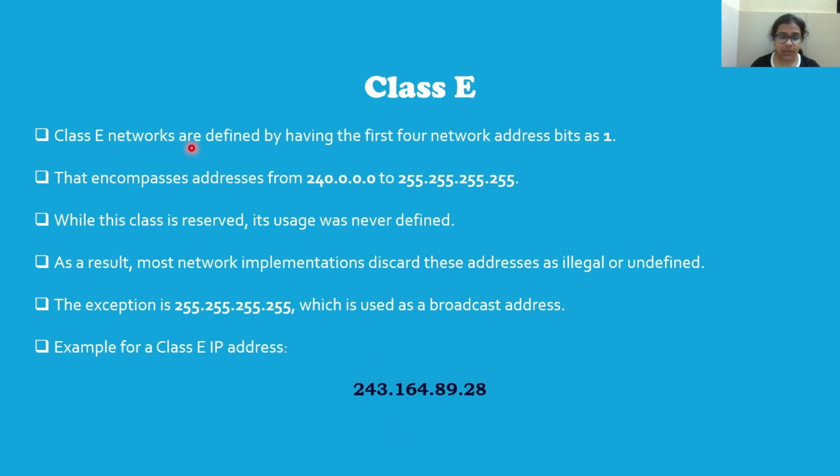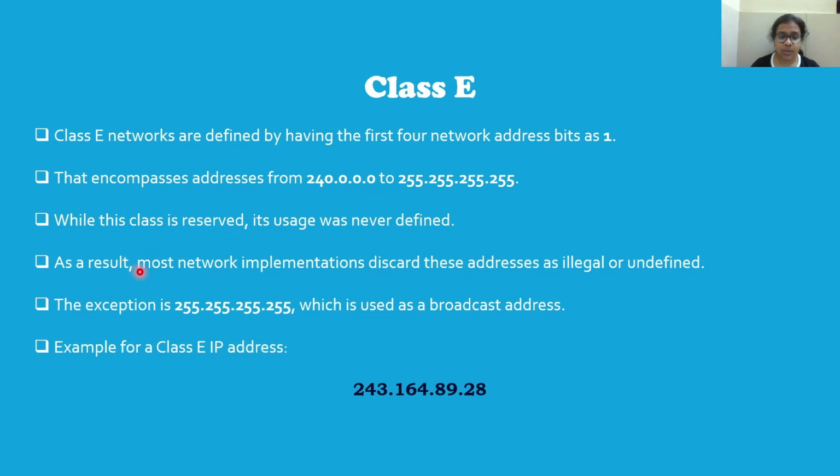Class E networks are defined by having the first four network address bits as 1. That encompasses addresses from 240.0.0.0 to 255.255.255.255. While this class is reserved, its usage was never defined.